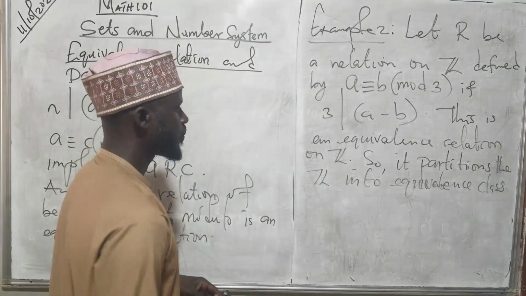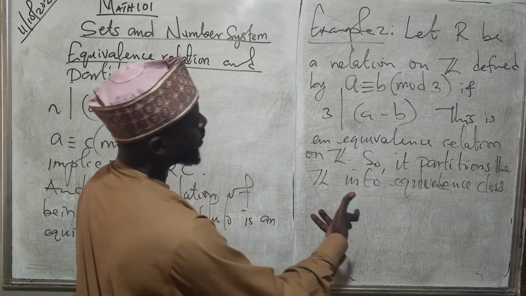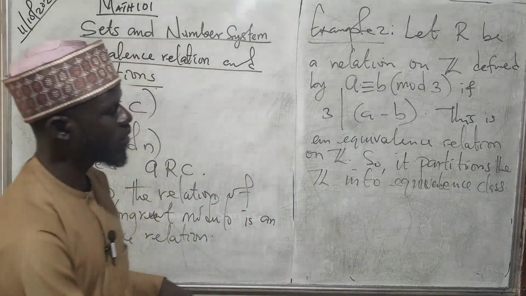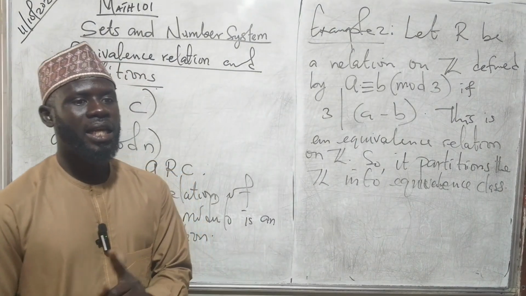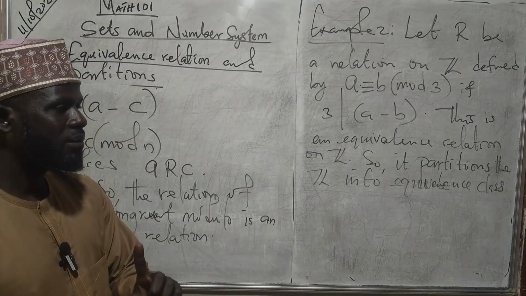When we are looking at the equivalence class of 0, that is the remainder when A minus B is divided by 3.